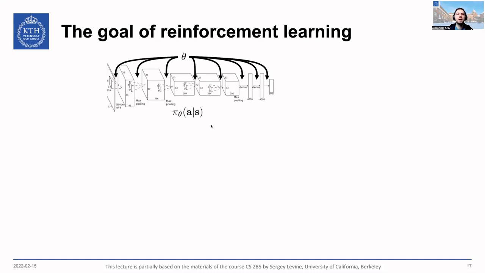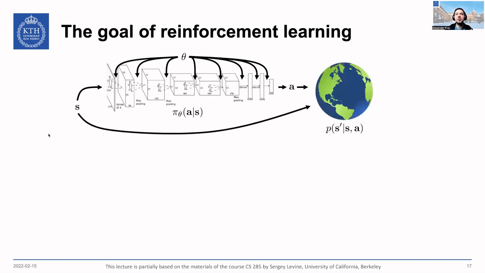And having this policy, we will feed some states into the policy. We'll get some actions. And then we will be applying actions to the states. Since we're usually working with real world systems, we will observe some kind of probability distribution: given that we have a state and an action, we'll be getting different next states.